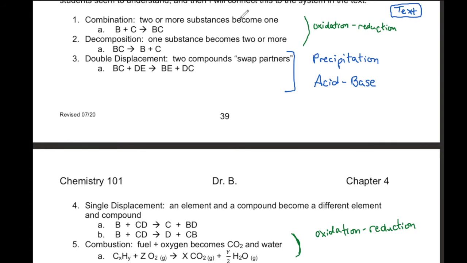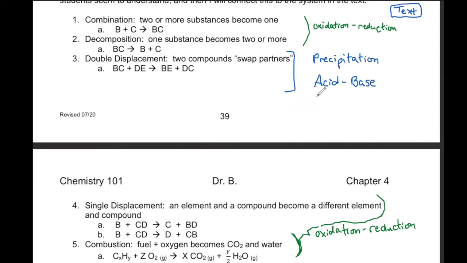And it can take place in a combination reaction, a decomposition reaction. Combustion reaction definitely has oxidation reduction taking place. Single displacement also has oxidation reduction taking place. So all these other 4 that we have looked at can have oxidation and reduction as a part of them.